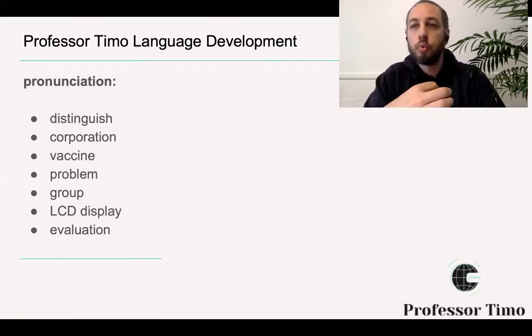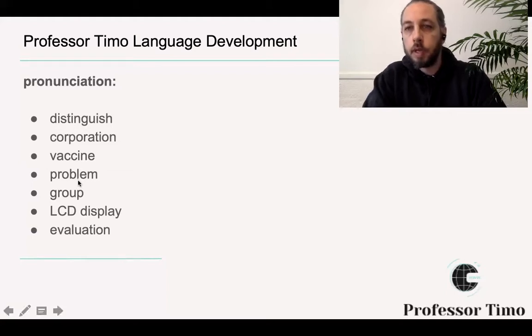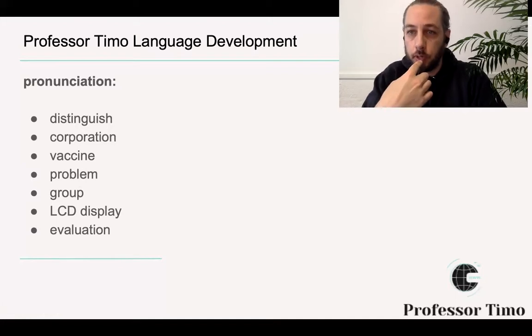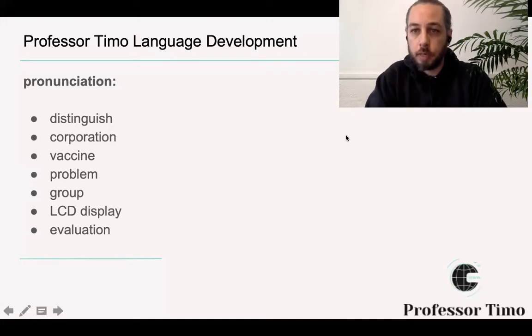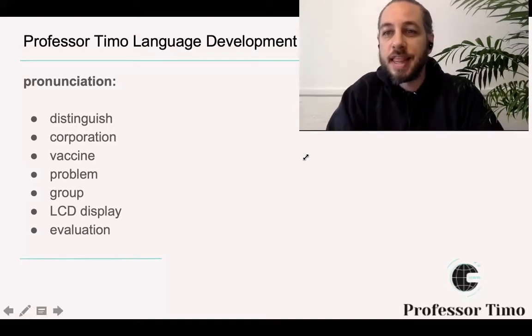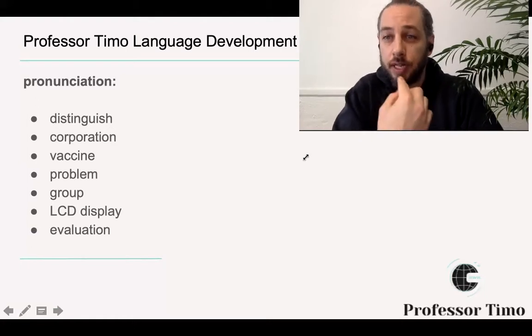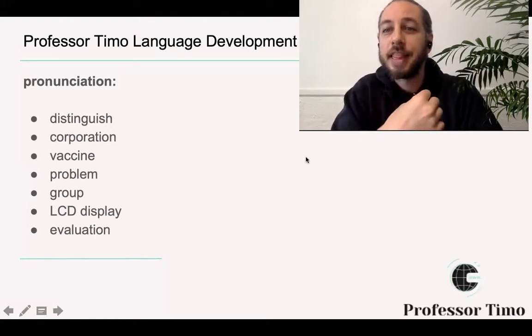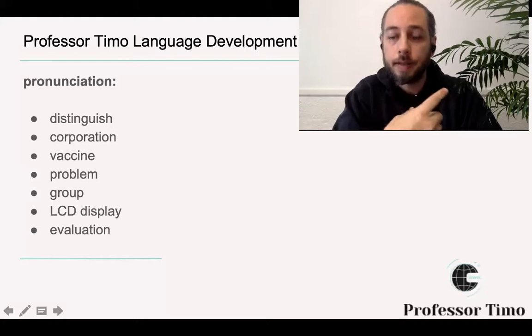Next, our word is problem. So I want you to take a look at the letter L in that word. The L is said like that. You can notice, again, if you check the position of my mouth, L, L, you can literally see my tongue, L. That's how you practice the L sound.